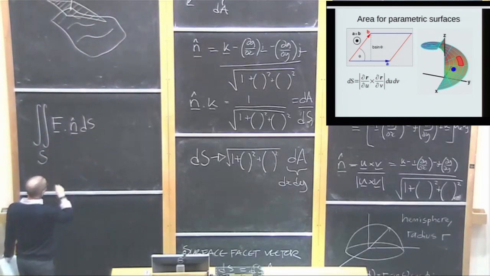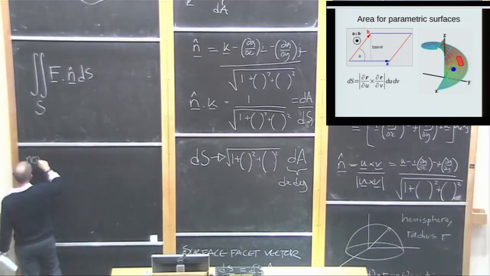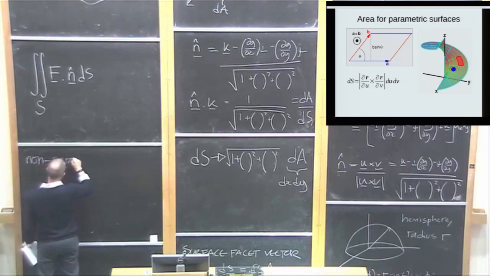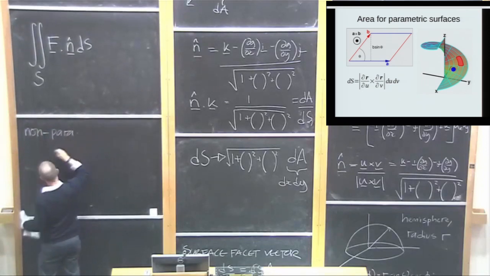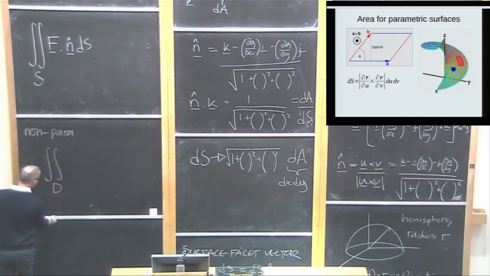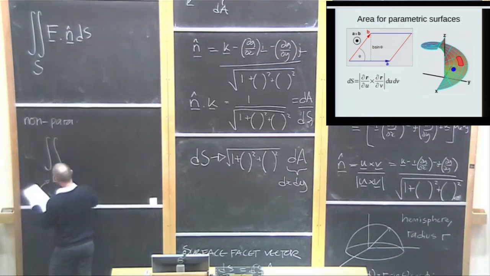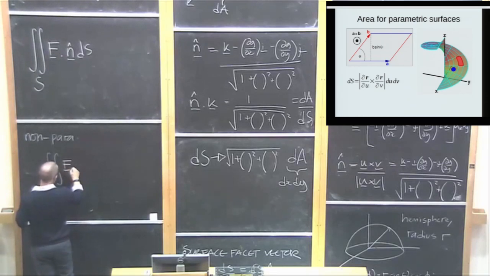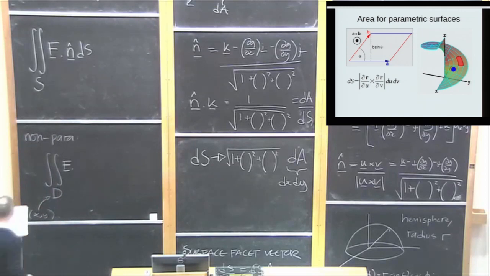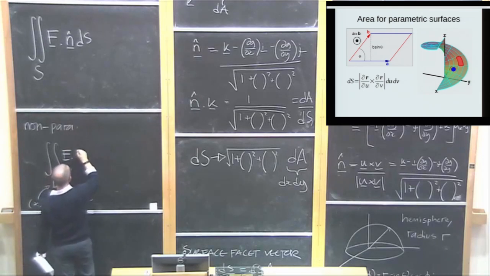If I take the non-parametric case, I take my surface and I project it down onto the xy plane. So D is my projection down onto the xy plane. I take the dot product of whatever field I'm evaluating my vector surface integral over with my unit normal at that point.